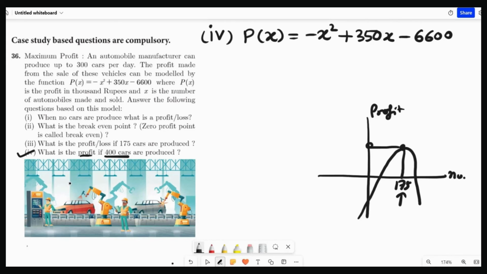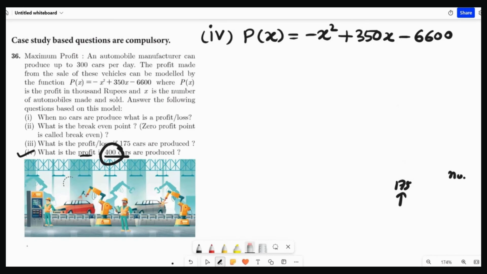So the question is, what is the profit when 400 cars were sold? Selling 400 cars will not generate a profit. That is very clear. Now how to answer this question? Here x is 400, so in this expression, wherever you see x, substitute 400 and check what happens.